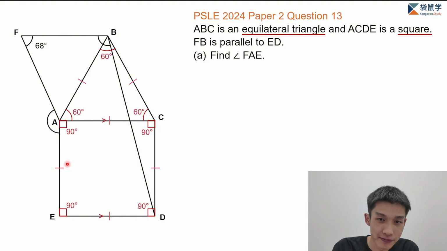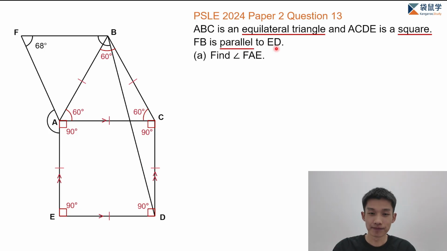How about the other one? AE is parallel to CD. We need to draw 2 arrows to represent a different parallel relation. And lastly, FB is parallel to ED. So how many arrows for FB? Yes, just 1.